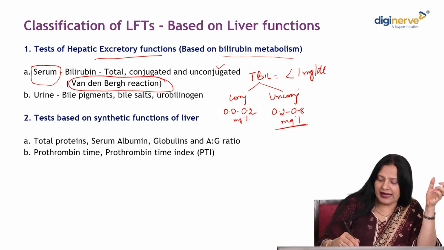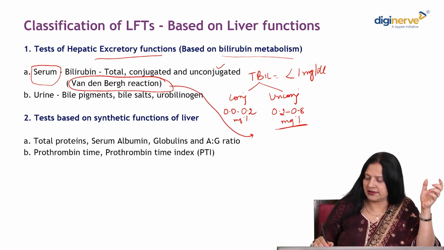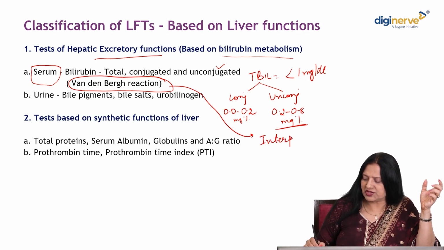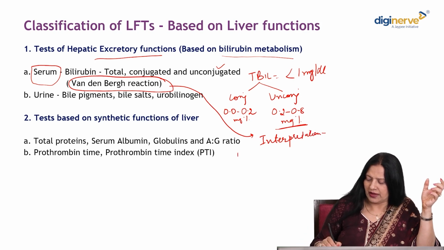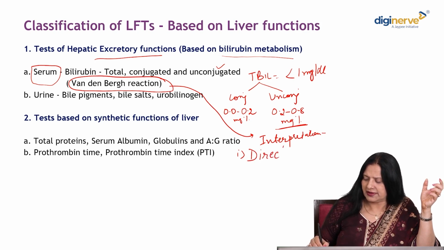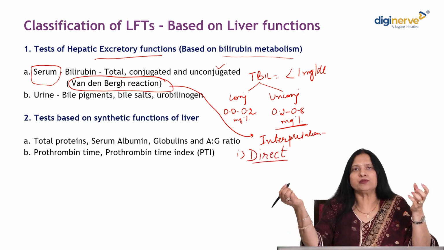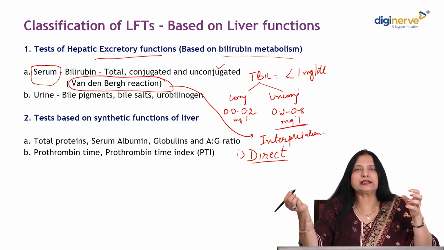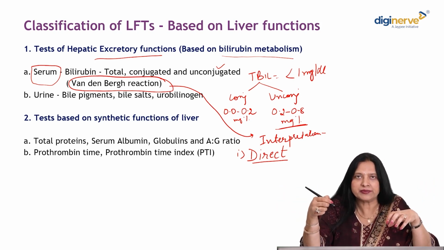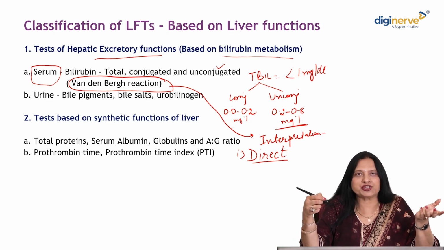Then how do we interpret this test? It has three phases. First, the direct phase. In the direct phase, the moment the reagent is put into the serum, within 30 seconds color formation occurs.